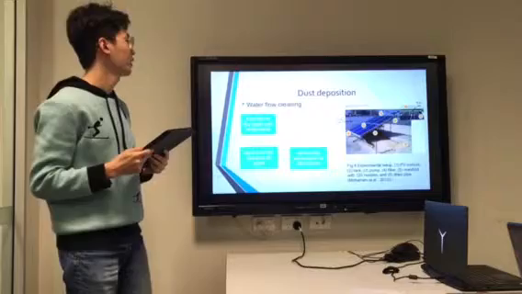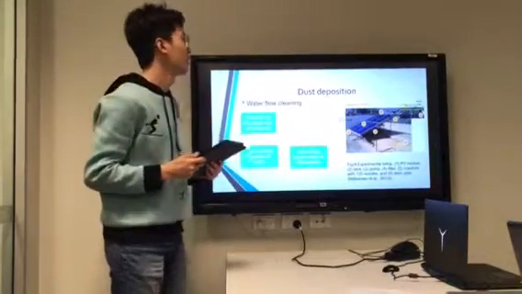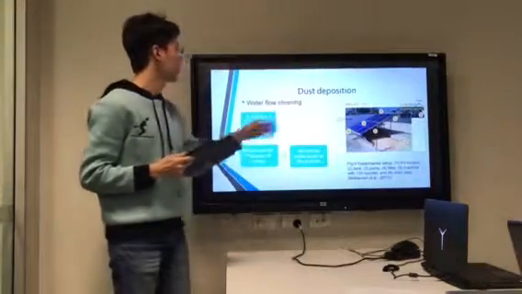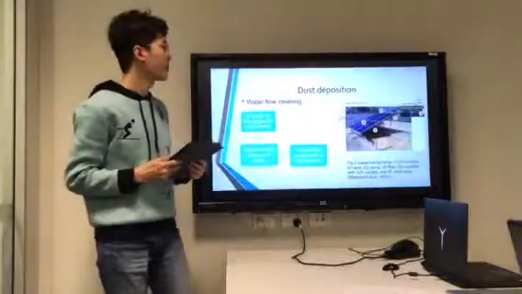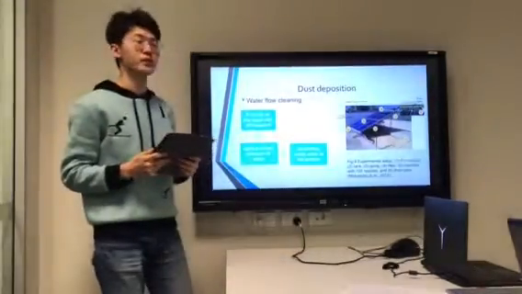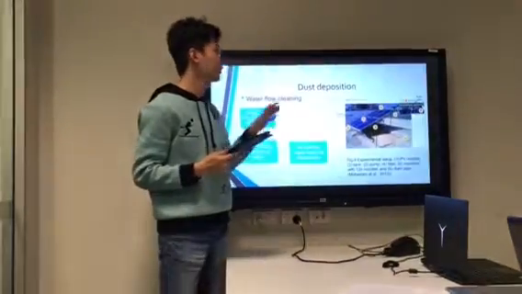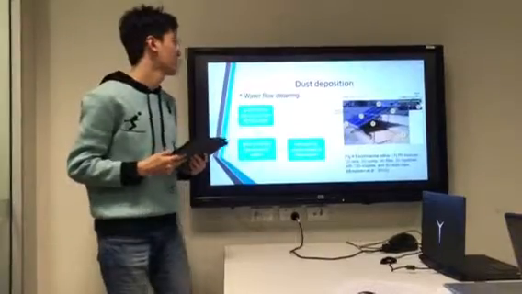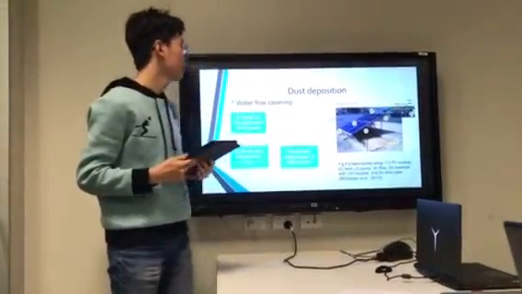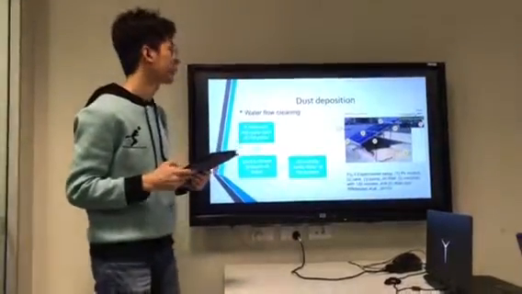And the second one is dust. The first method is to use a water flow cleaner. As this picture shows, there are several nozzles on the top part of the panels, and they eject pressurized water, and that water can remove the dust on the solar panels. After that the water can be recycled through the drain pipe.